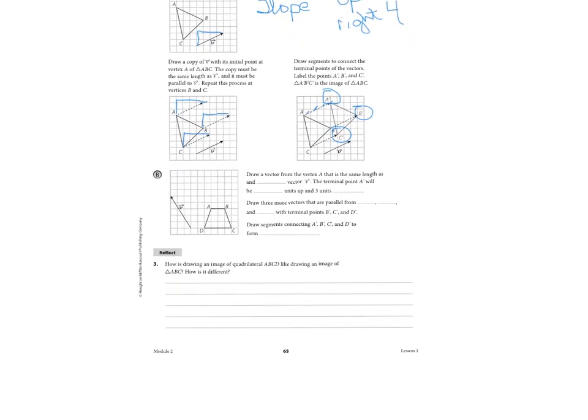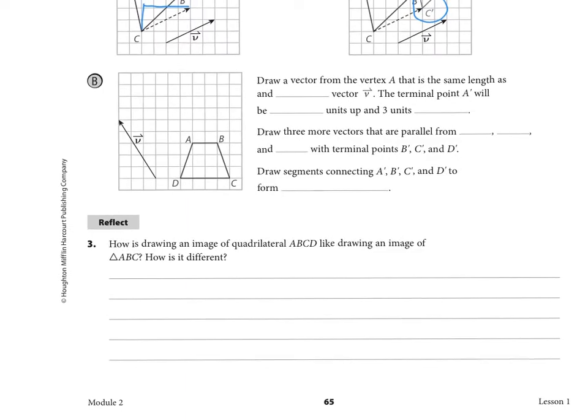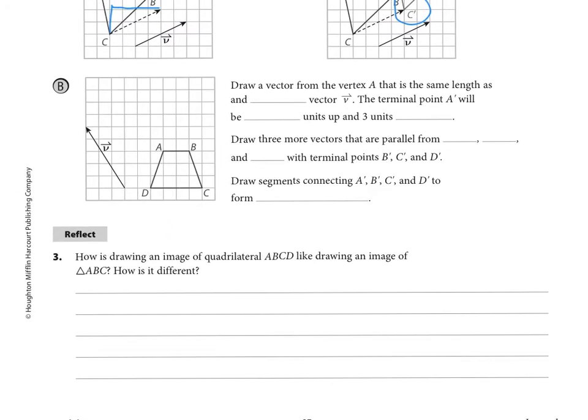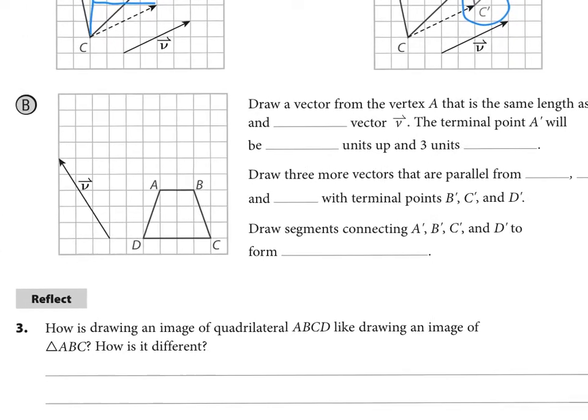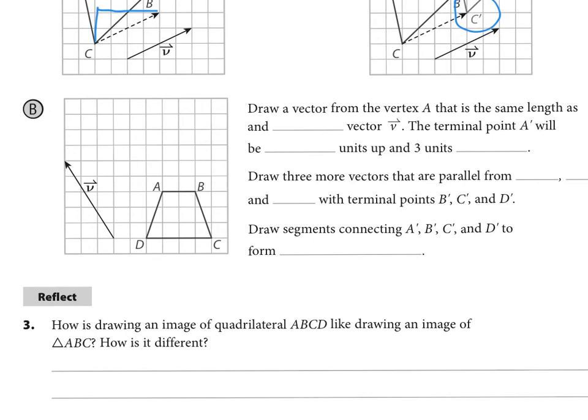So now if we look down at B, it says we're going to draw a vector from the vertex A that has the same length as and is parallel to vector V. The terminal point A prime will be 1, 2, 3, 4, 5 units up and 3 units left.